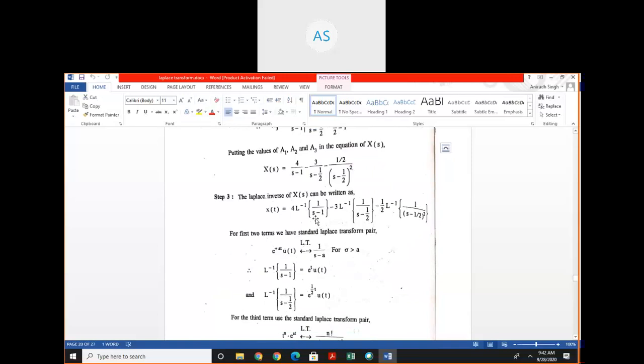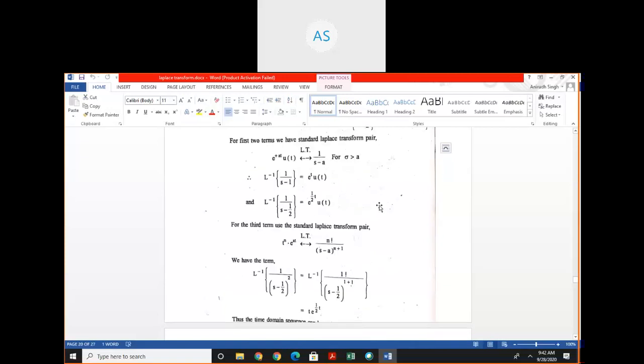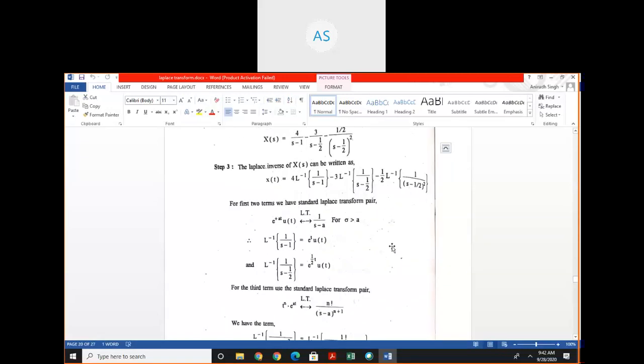So by putting the values of A1, A2 and A3 in this equation, x of s is given by 4 by s minus 1 minus 3 by s minus half minus half divided by the square of s minus half.